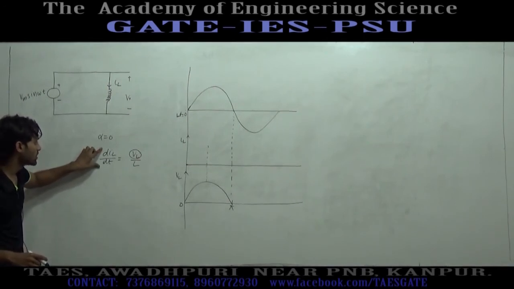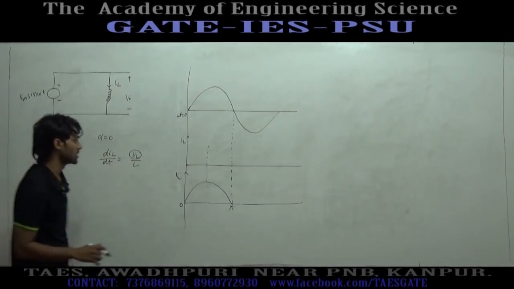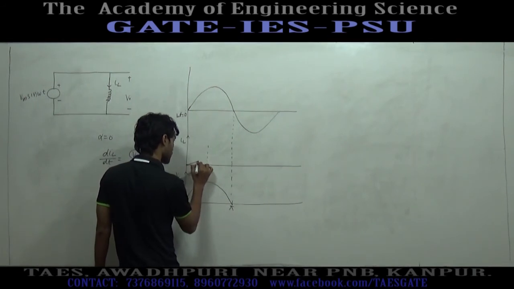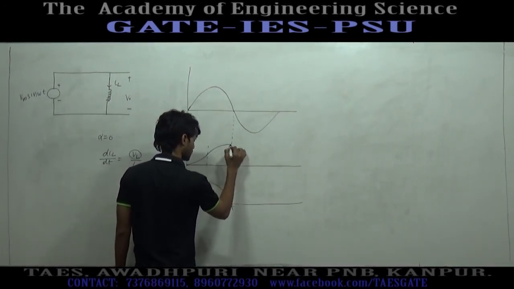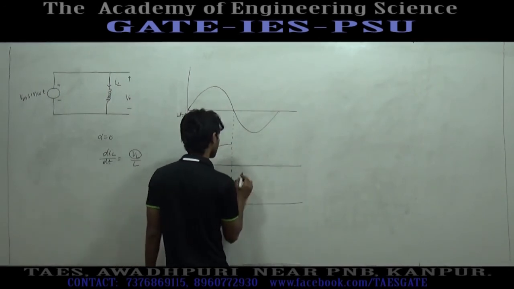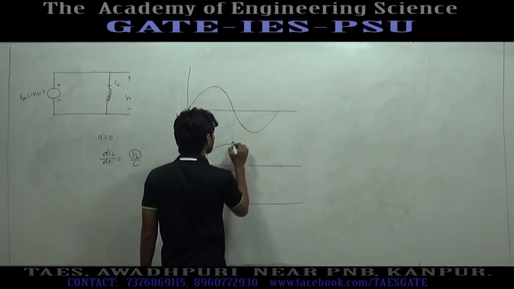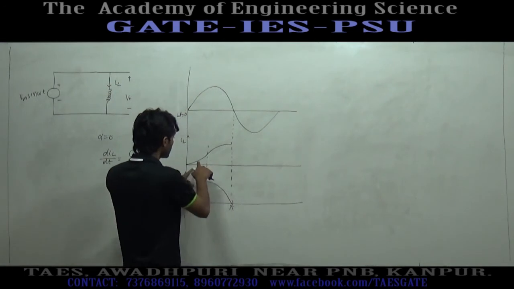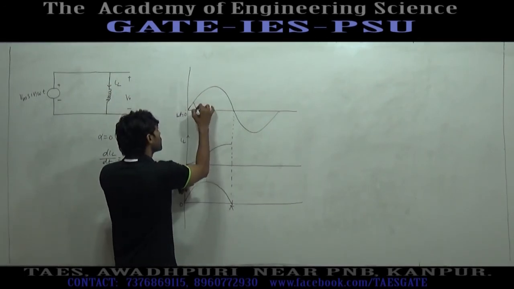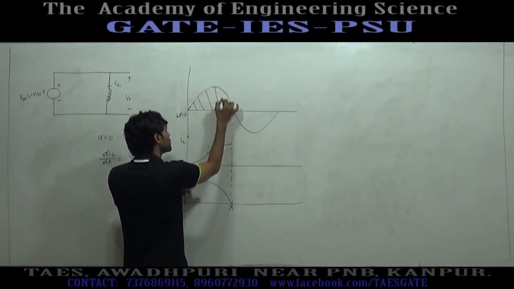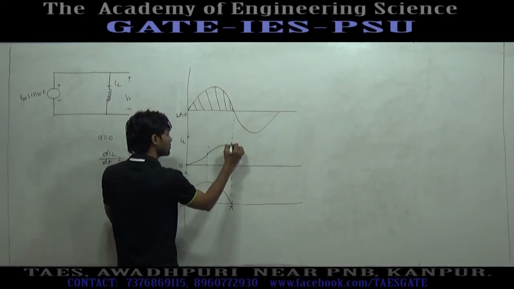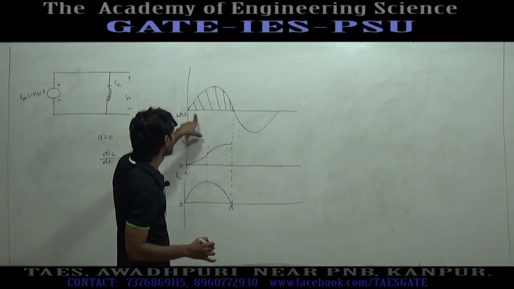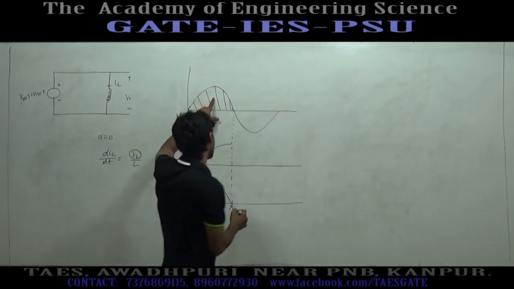Overall, the slope of the inductor current graph is decided by VL. So, the shape of the graph will be this. Since current is rising for this much area, current is rising from 0 to a maximum value corresponding to this much area.